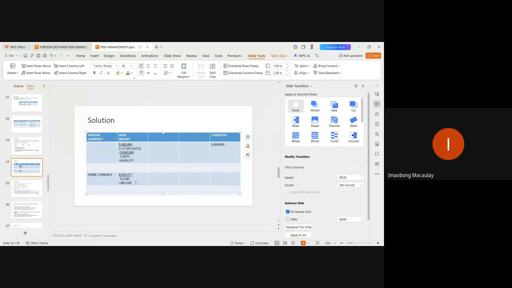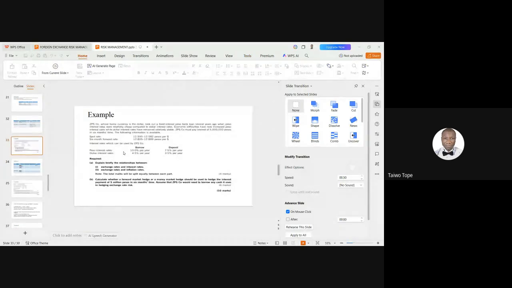Deposit? No, you borrow now. So when you borrow, this will lead to what? When you borrow these amounts in your home currency, what will be the value? In home currency, the borrow rate is what? 4.5.